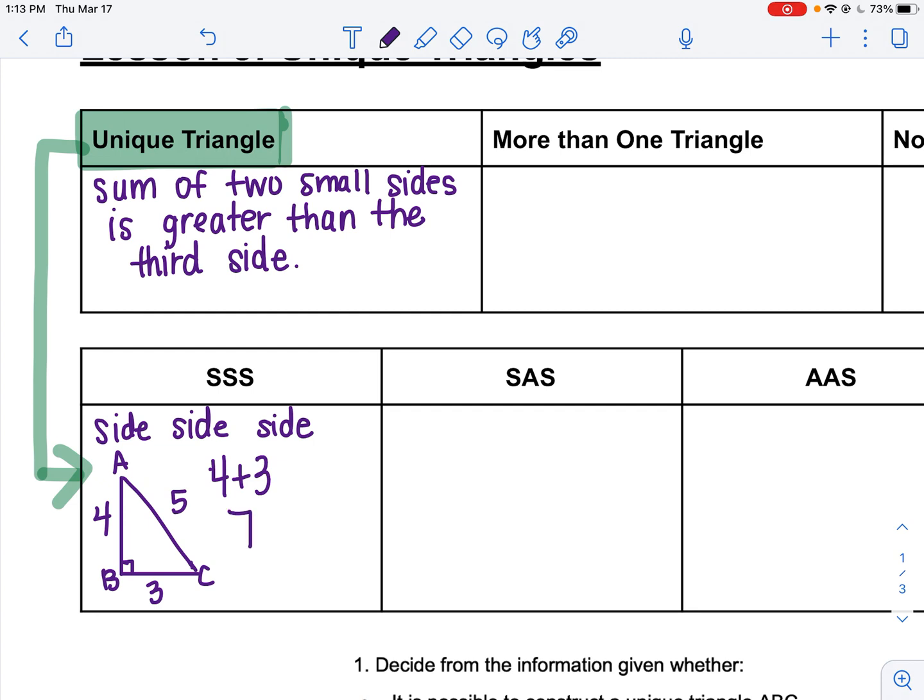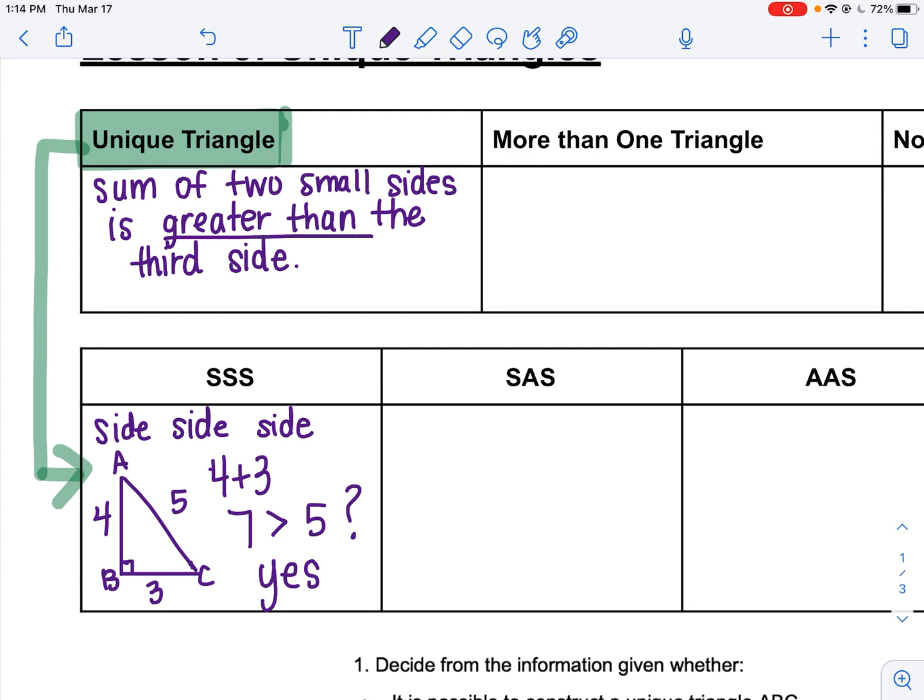Those numbers equal 7, and they must be greater than the third side. So the third side is 5. Is 7 greater than 5?